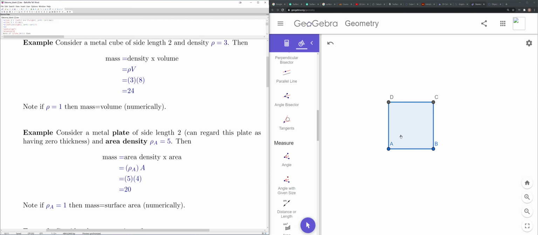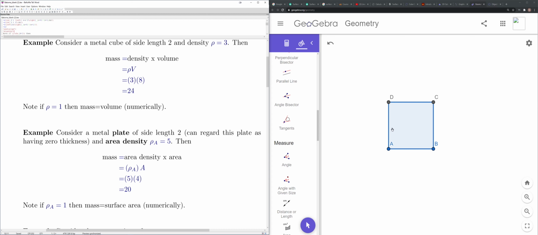At a certain point, you're going to have an area density. So the notion of density we want to use for a flat, two-dimensional surface like this is area density. So this metal plate in this example will have an area density of 5.